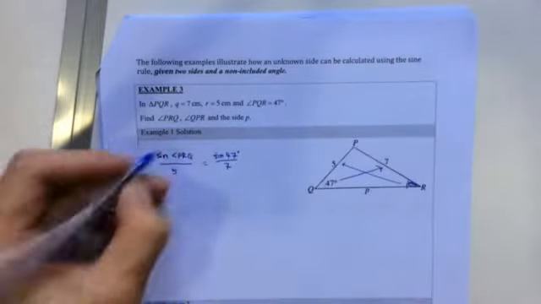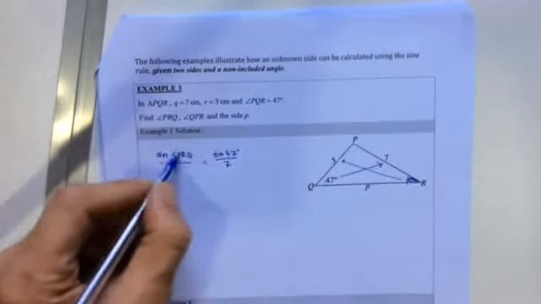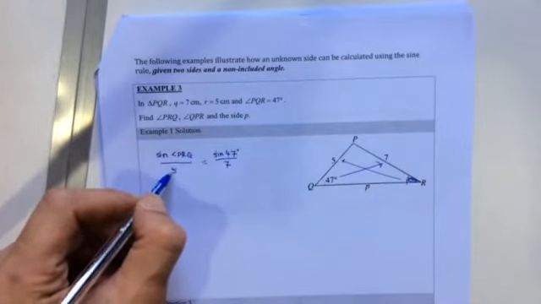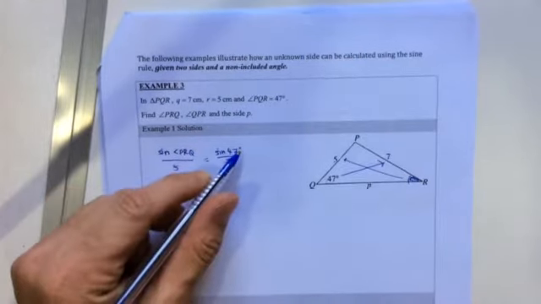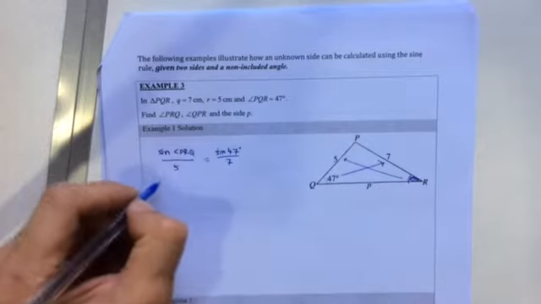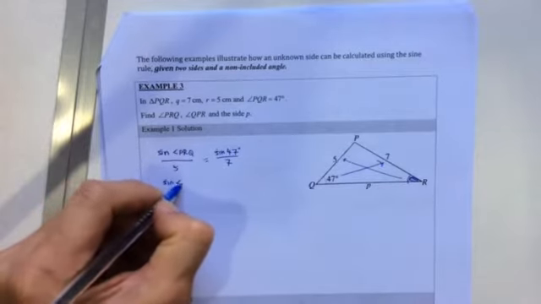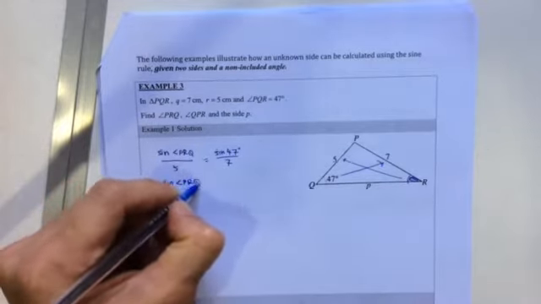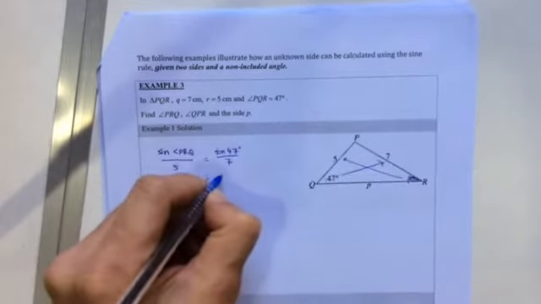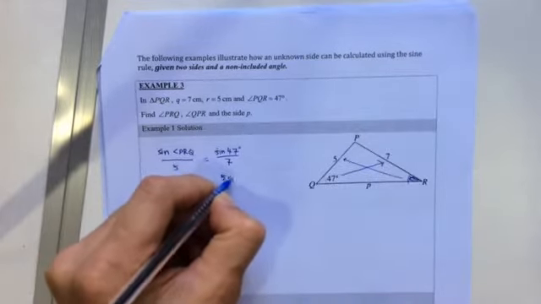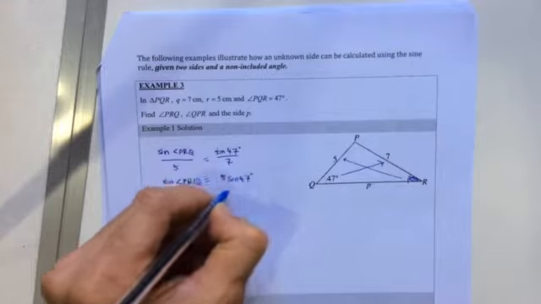So I have my unknown at the top, the numerator, so I can move the denominator. This is divided by 5, so I'm moving it up, and it becomes times 5 on the other side. So I have sine angle PRQ equals 5 times sine 47 degrees over 7.